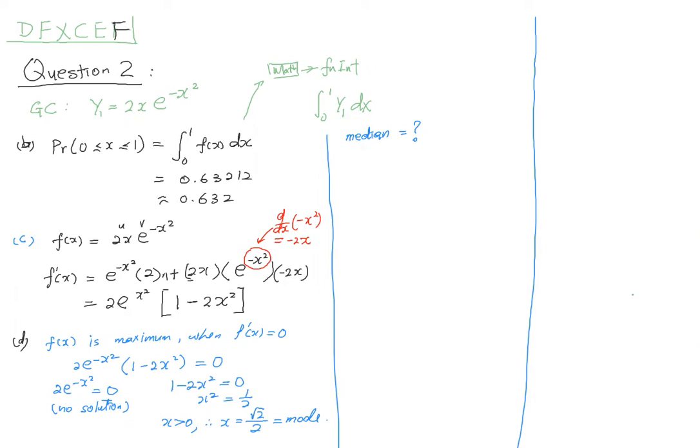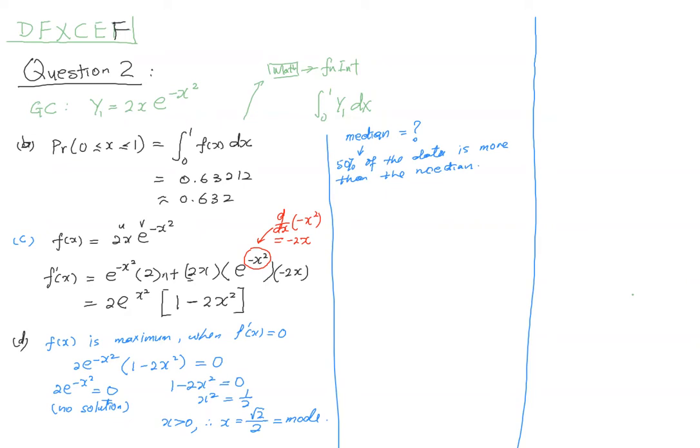They can ask you, what is the meaning of median? 50% of the data is more than the median. So these are something that you better bear in mind, please, students.